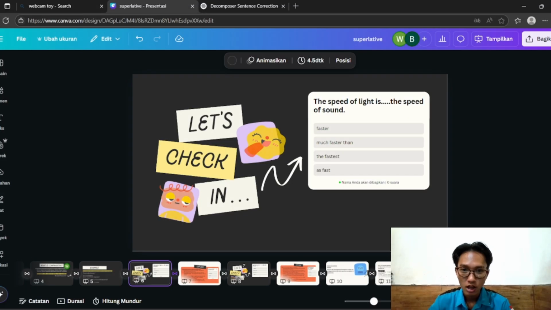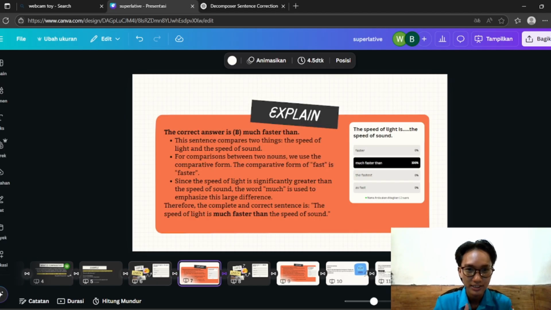Hi, we're going to do some exercises about sentence completion. Let's check this question. The question is: The speed of light is blank the speed of sound. So what do you think is the answer? The answer is B. Why? The sentence compares two things, the speed of light and the speed of sound.